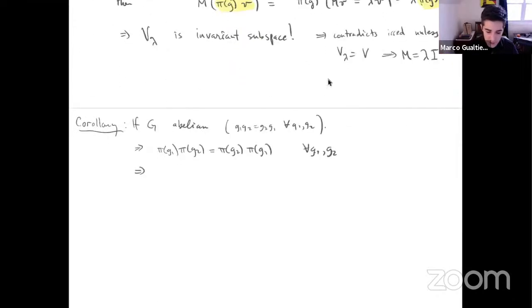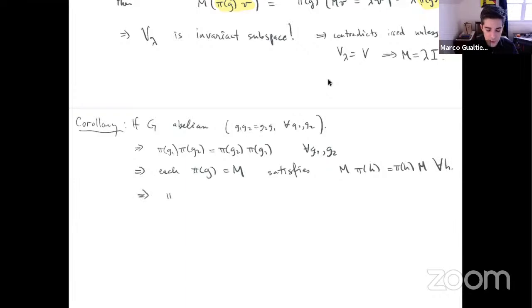So this means that each π(g) satisfies the conditions of the theorem.